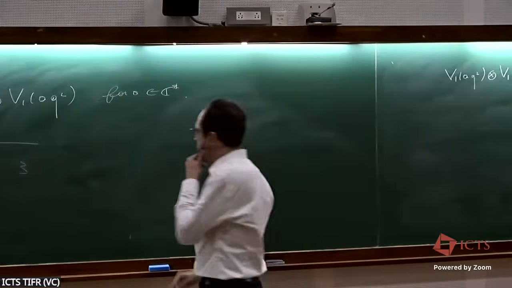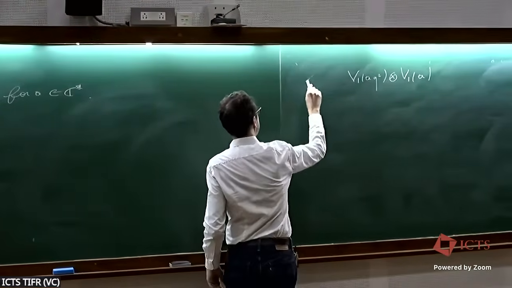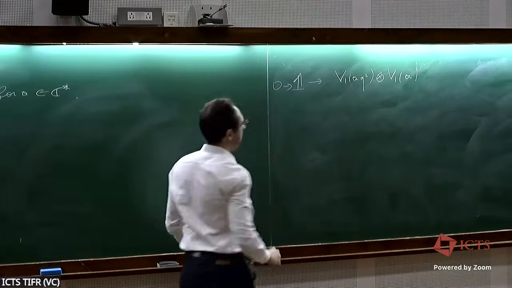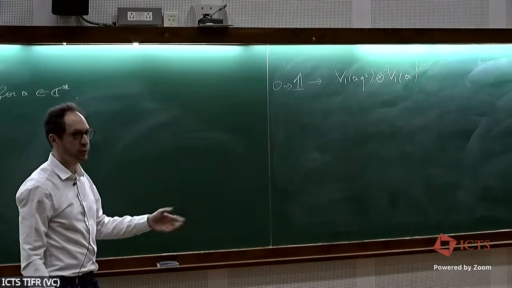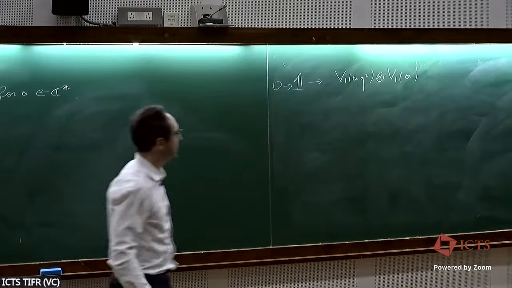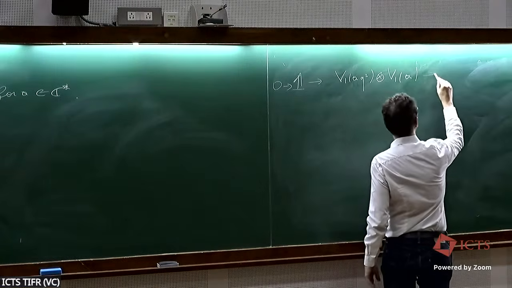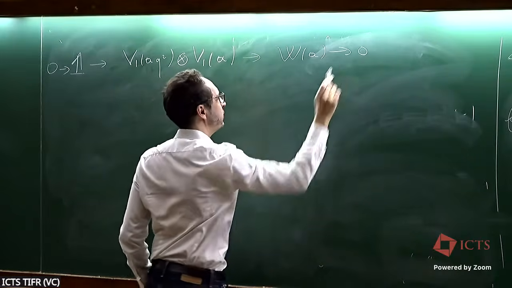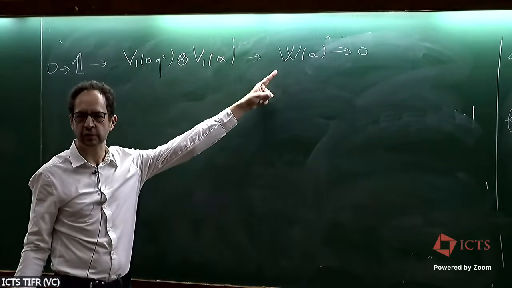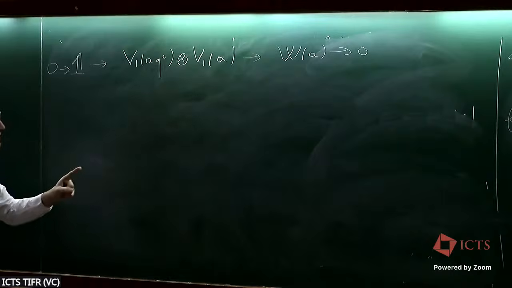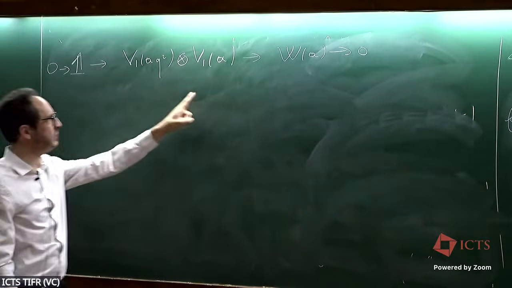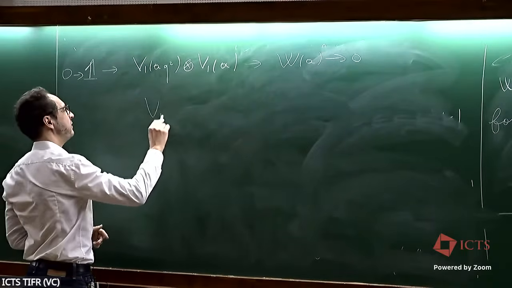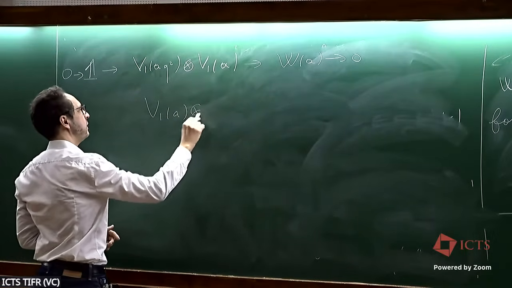It has a unique proper submodule of dimension 1, so that's 1. And it has a quotient of dimension 3, which I will denote by W of A. So this is a unique quotient of dimension 3.